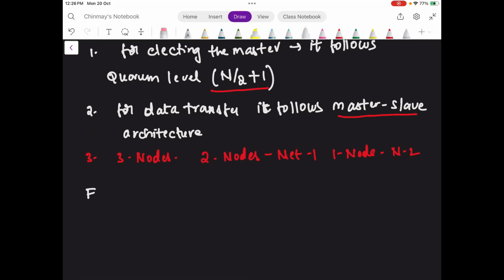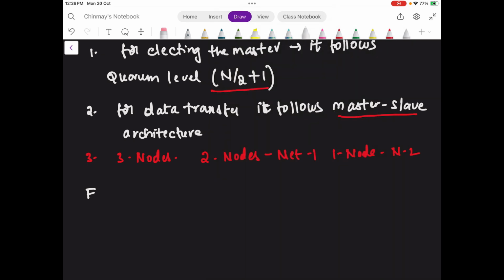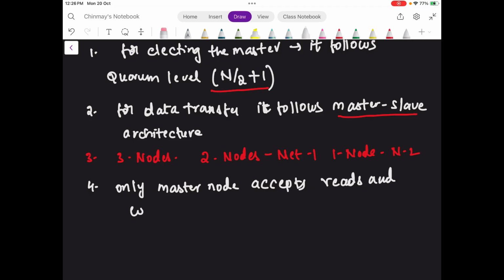Another point I would like to add is that only the master node accepts reads and writes.